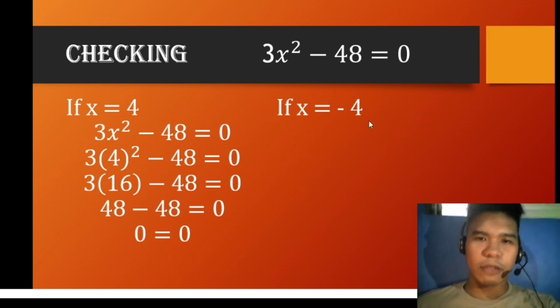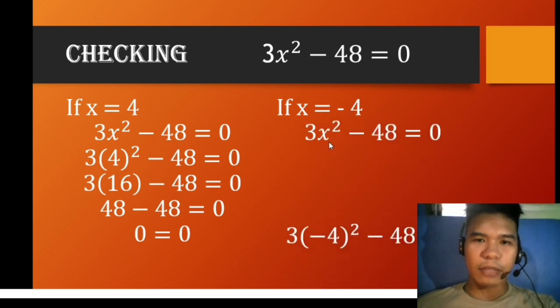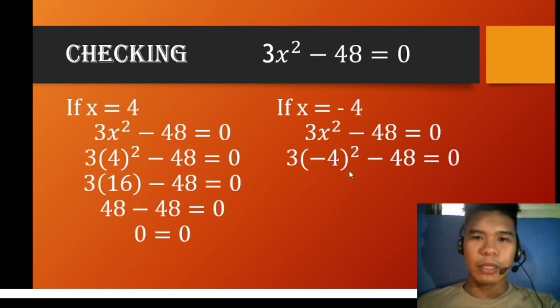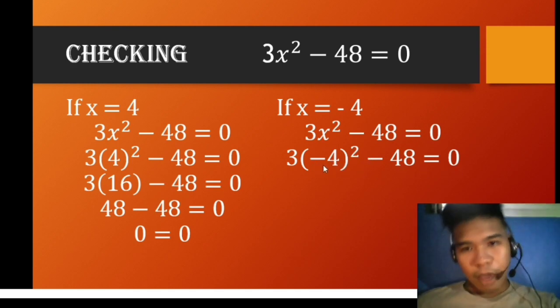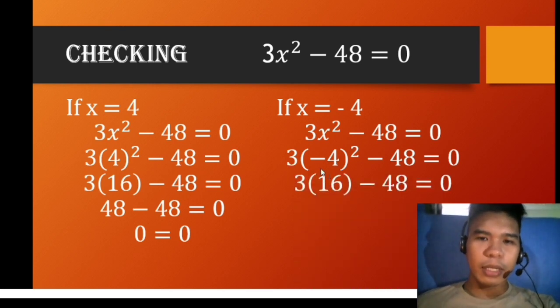So let us now check for the value of x, which is negative 4. In the same manner, we substitute negative 4 to x. So that will become 3 quantity negative 4 quantity squared minus 48 equal to 0. So again, we have this first: negative 4 times negative 4 is positive 16 also. So that will become the same, 3 quantity positive 16 minus 48 equal to 0.